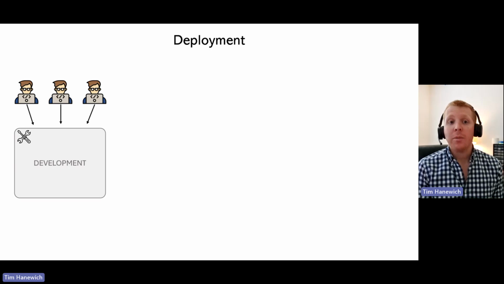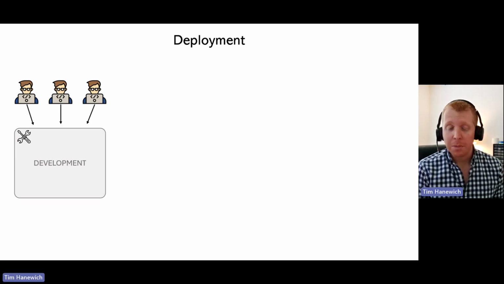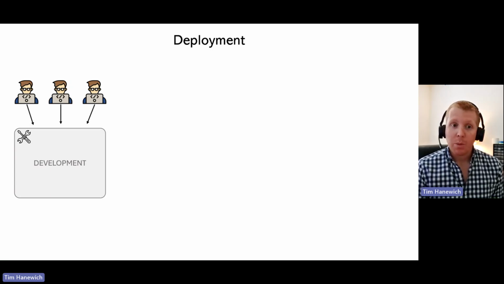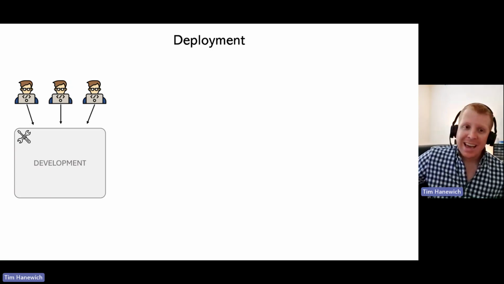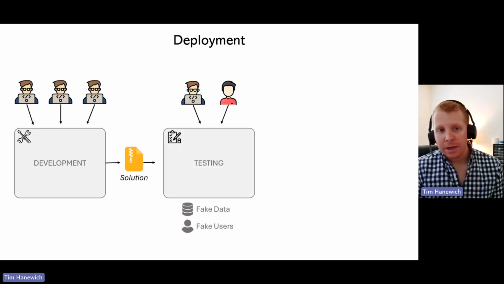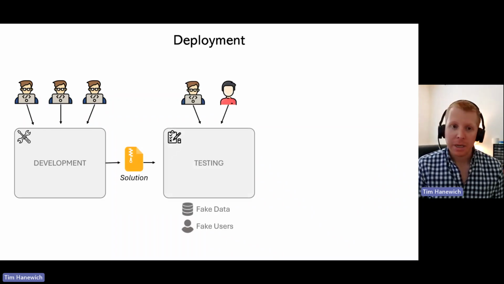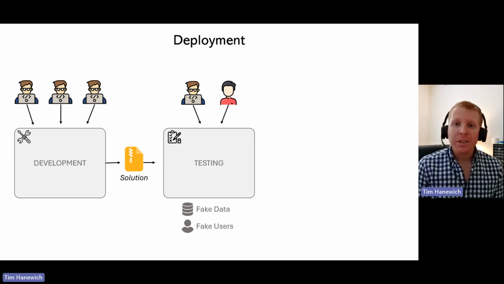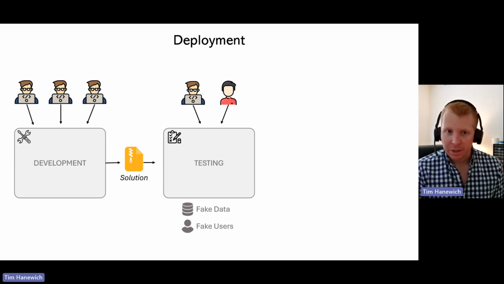That's to host development of an application or a workflow, for example. After they say that we're done now, the app does what we wanted it to do, they want to test it, they would then export that solution to a zip file and import it into a testing environment. And this environment is again meant only to be used for testing purposes.